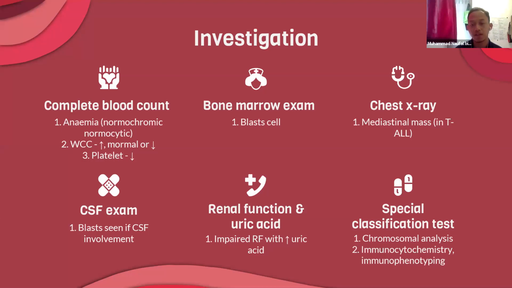And next, we can do the renal function and uric acid, because if there is involvement of the kidney, the renal function will be impaired, and also there will be an increase in uric acid.